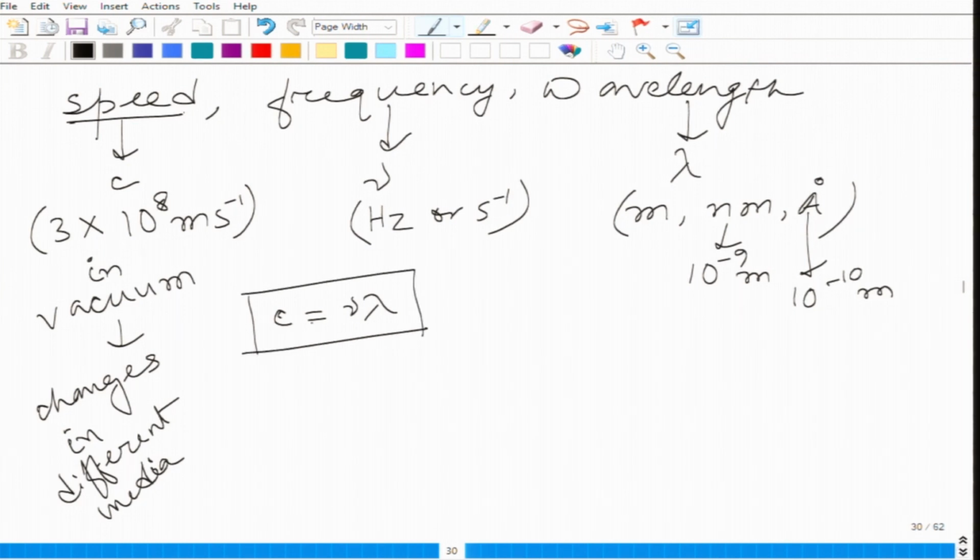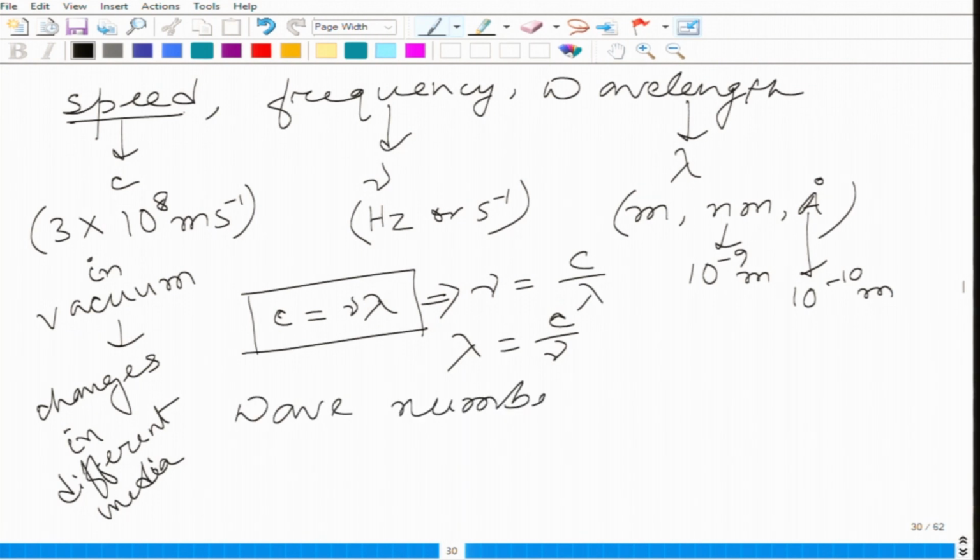So, along with these three factors, we had seen the relation of speed, frequency and wavelength, that was c equal to nu lambda. So, nu is c by lambda and lambda is c by nu. There was one fourth factor, that is called wave number.